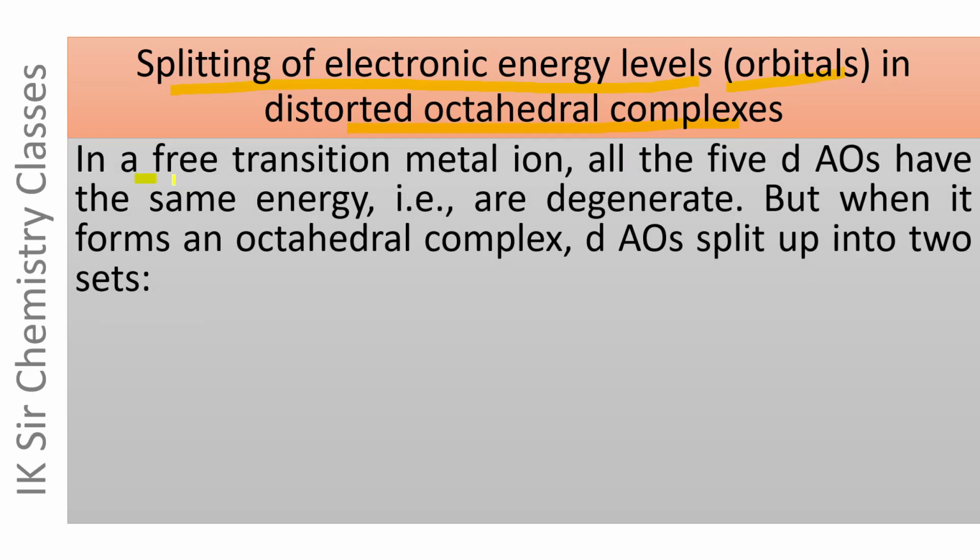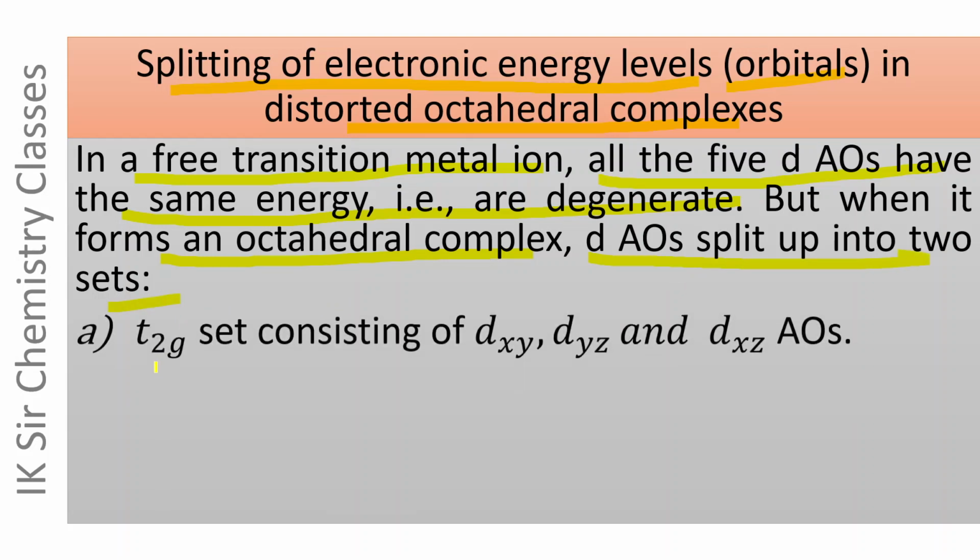In a free transition metal ion, all the 5 d atomic orbitals have the same energy, that is, they are degenerate. But when the transition metal ion forms an octahedral complex, d atomic orbitals are split up into two sets.